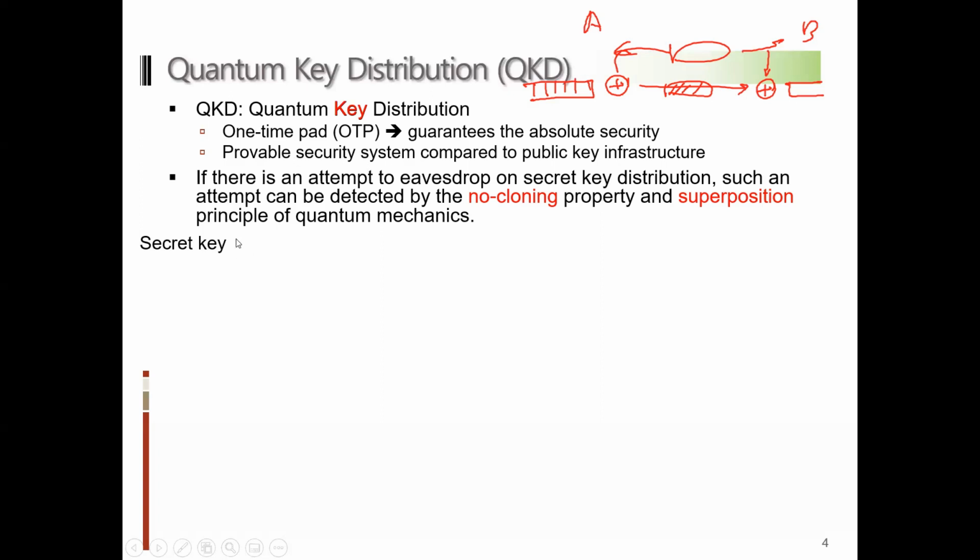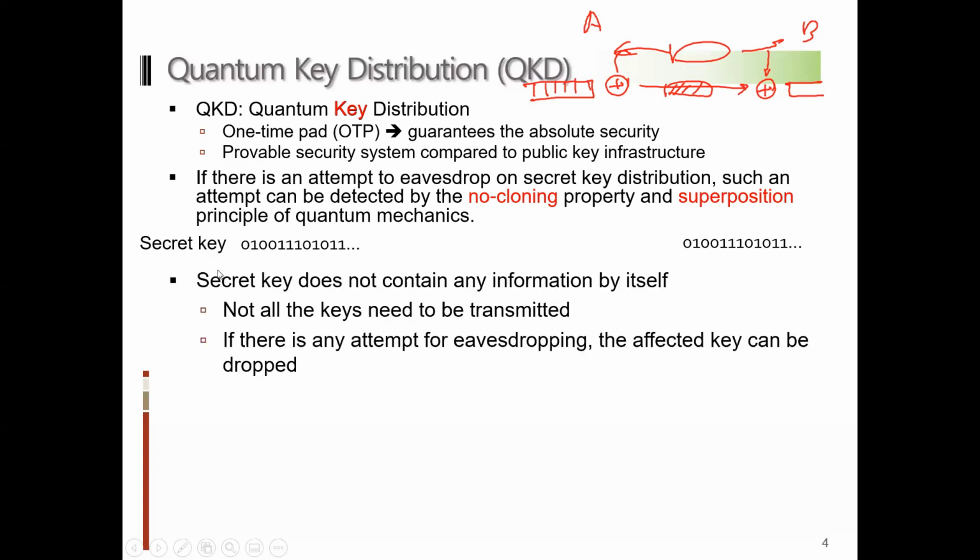Another reason is that a secret key has a slightly different property compared to regular communication. Let's say that we want to transmit this kind of random number sequence from Alice to Bob. The difference of the secret key compared to regular communication is that the secret key by itself does not contain any information.